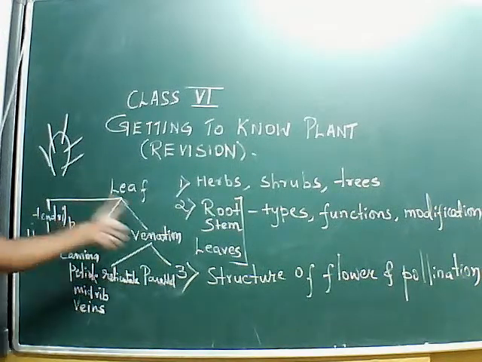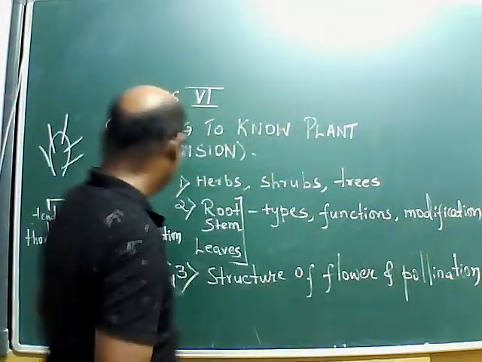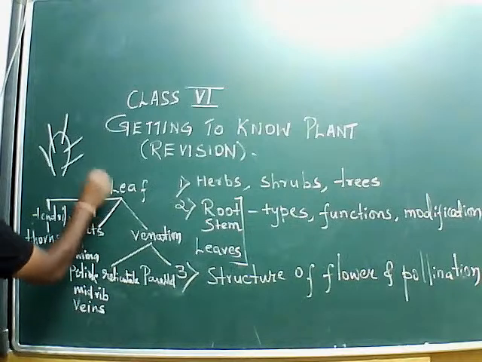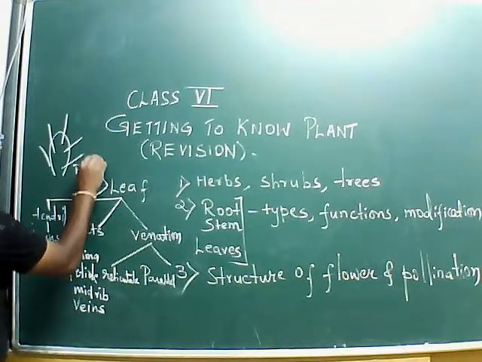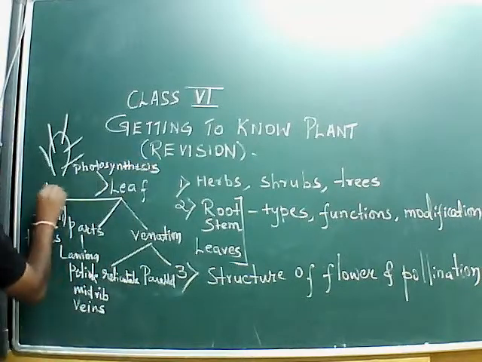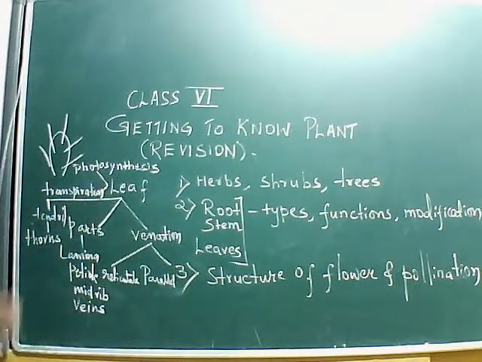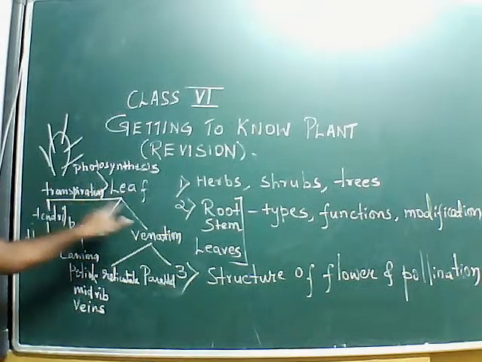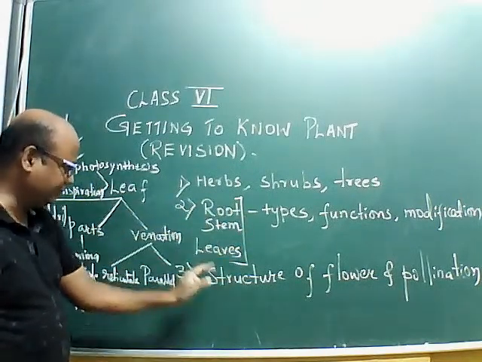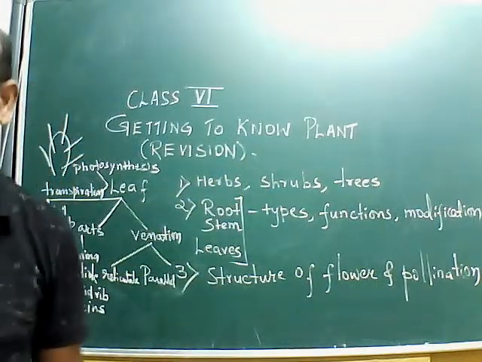Okay, so like that you have to remember in each topic the types, modification, function. Function is photosynthesis. One more function is transpiration. Okay, like that for each and every topic you write down key points and remember the entire lesson. This is for me. Like that you can make notes for root, stem, flower also, and for different types of plants.